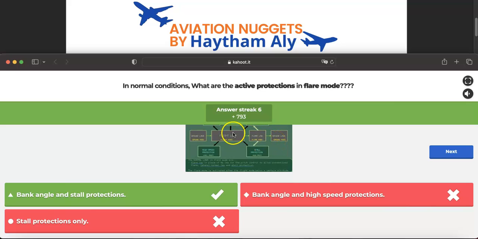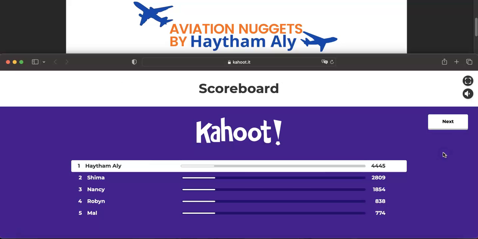As you can see here, in flight law we have high speed protection, stall protection, bank angle protection, speed protection, and angle of attack protection. These are the protections available in flight thanks to fly-by-wire, thanks to the electrical flight control system, everybody. Okay. Let's proceed. Next question.